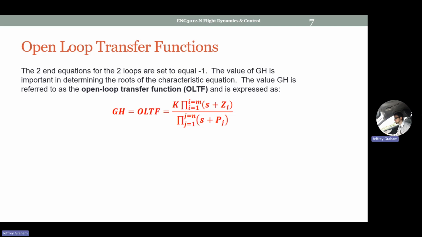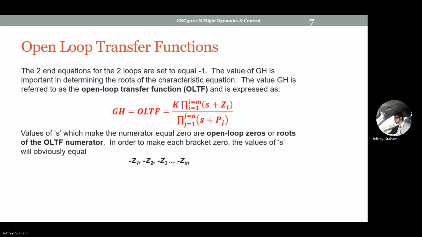When we analyze a system, we start with the open loop transfer function. The first thing we're going to do is analyze the numerator separately and the denominator separately. Right, so basically it starts off analyzing the top or the numerator.